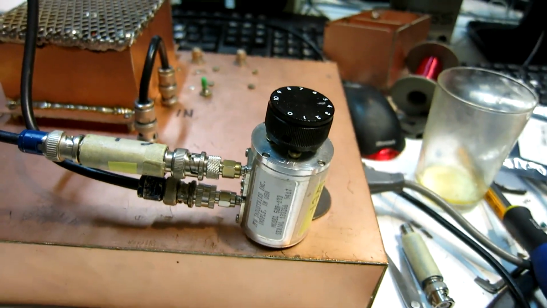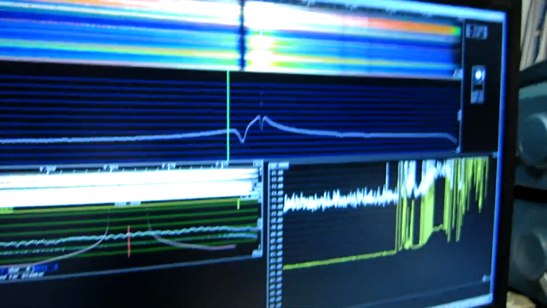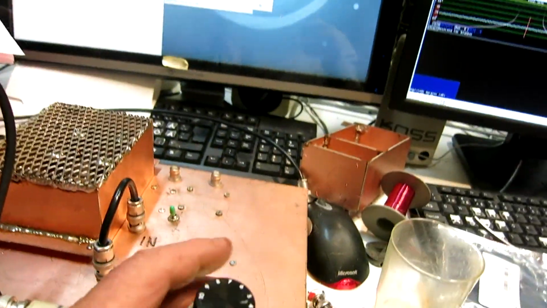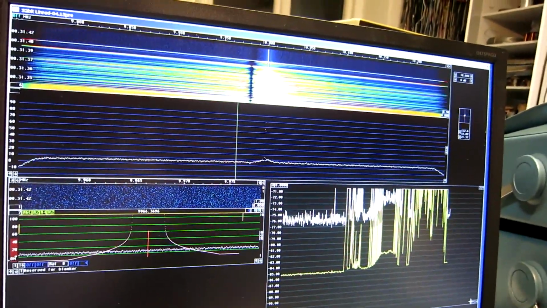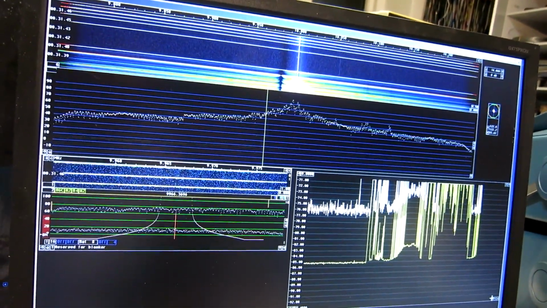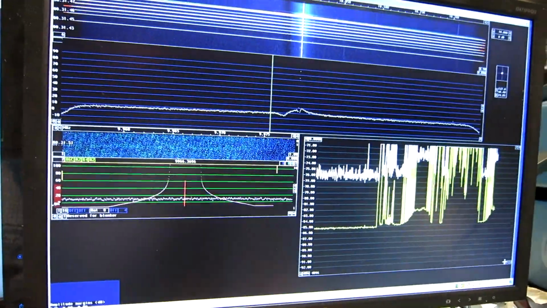Now I inserted this 10 dB stepped attenuator. It looks like that. Not so nice. And I change it from 10 dB to 9 dB. Oh, then it's good. 8, 7, 6. And now it's 0 dB.